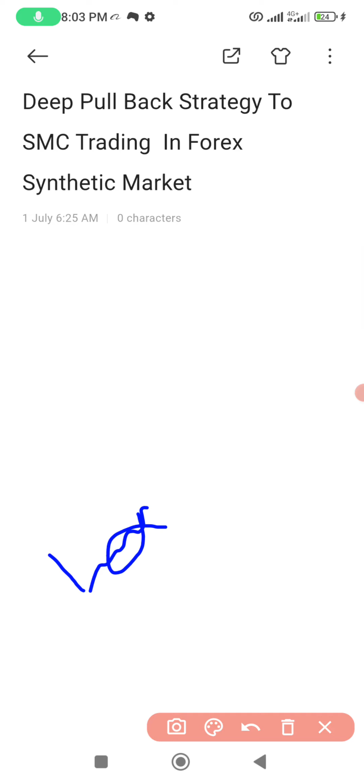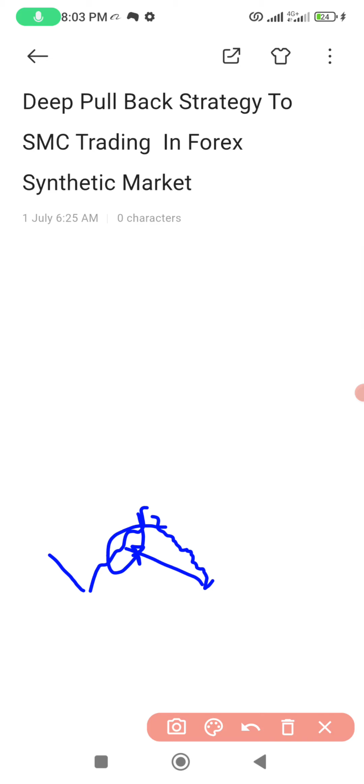Instead of you as a trader placing a buy within this part, what you do is wait for a deep pullback to happen. This deep pullback will take out stop losses of early buyers in this market. So that is the sense of the deep pullback strategy.